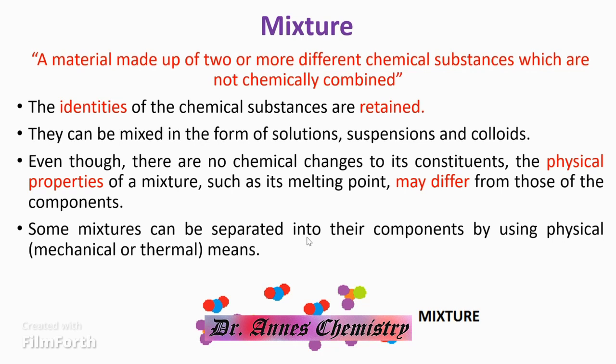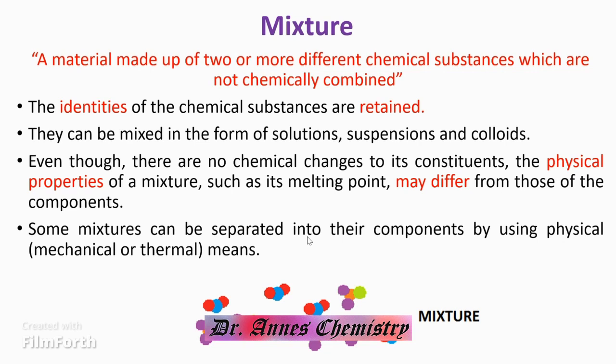There are no changes in their chemical properties, and each of the different chemical substances can be identified, but the mixing can give rise to changes in their physical properties, such as the melting point. The melting point may differ between the individual substances and the combined one.